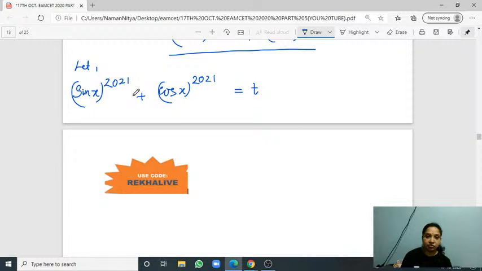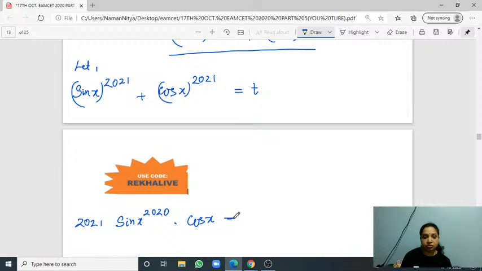Now do the differentiation of this complete thing and see what you are getting. If I am differentiating the first term, I'll get 2021 sin x power 2021 minus 1, that is 2020, into sin x differentiation, that is cos x.